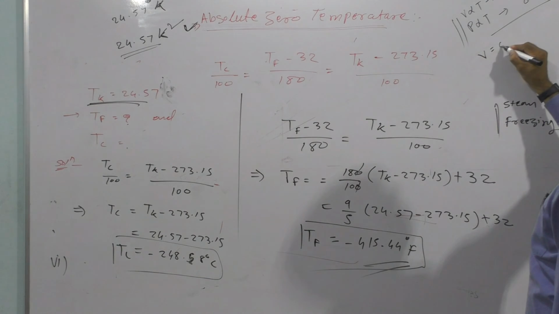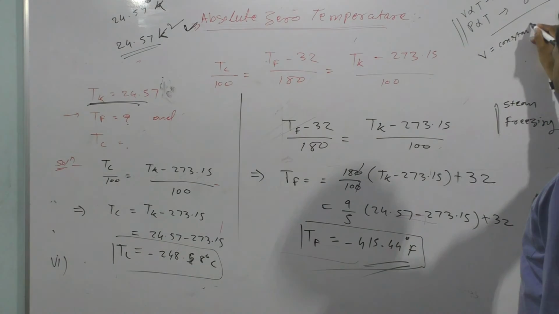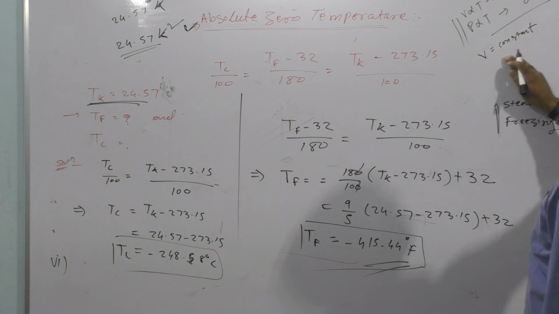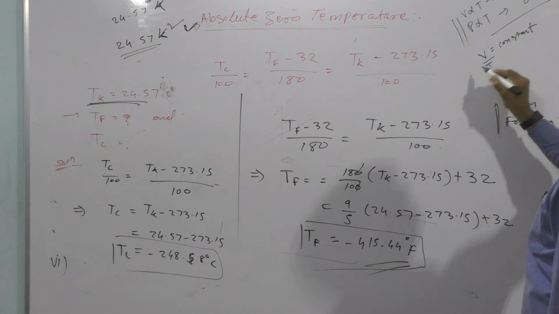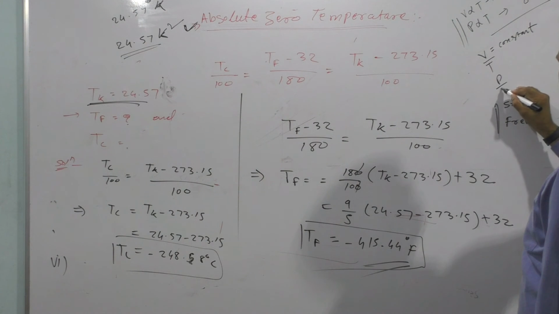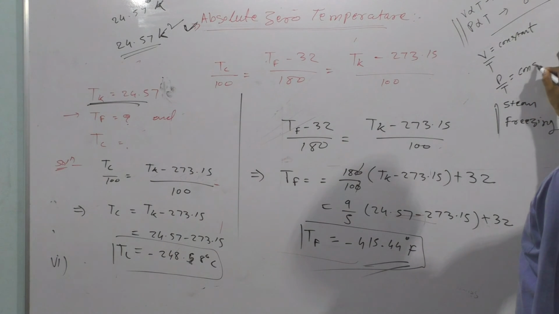V is equal to some constant times T, and P by T also we obtain some constants.